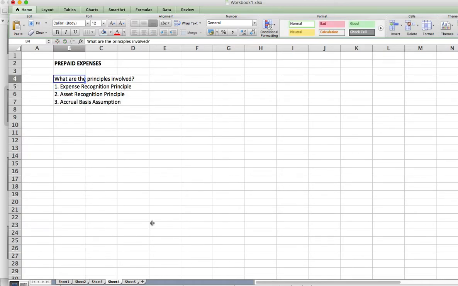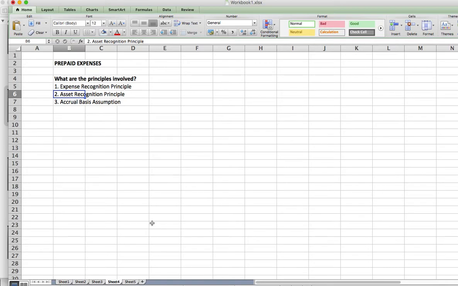So again, expense recognition principle is involved because we have to recognize the proper amount of the expense. How about asset recognition principle? We have to recognize the proper amount of asset. And accrual basis of assumption, we must always remember when is the expense incurred, or when do we recognize expense. So, hindi ibig sabihin na binayaran natin in advance yung expense, lahat yun ay expense. Diba?